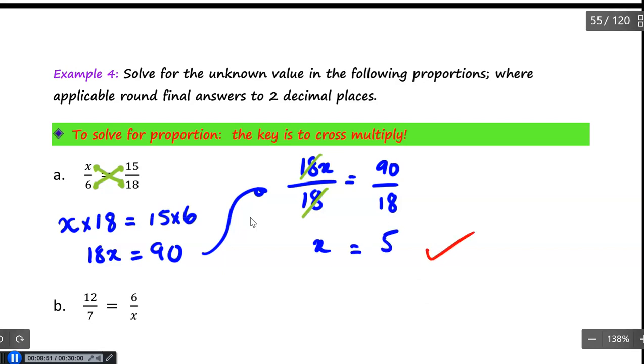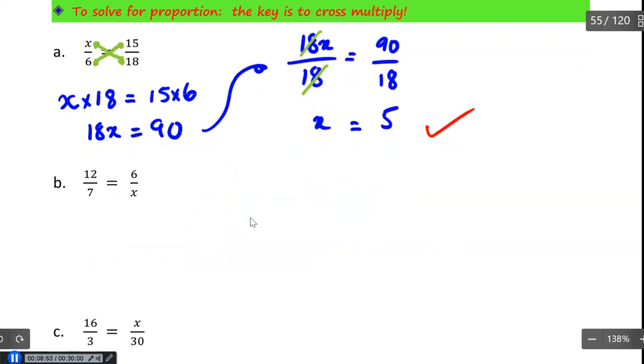Alright, okay. So it doesn't matter where the x is. You can just go ahead and cross multiply. If I cross multiply, that means you have to multiply across the equal sign: numerator with denominator, denominator with numerator. So in this case, I will have 12 times x equal to 6 times 7.